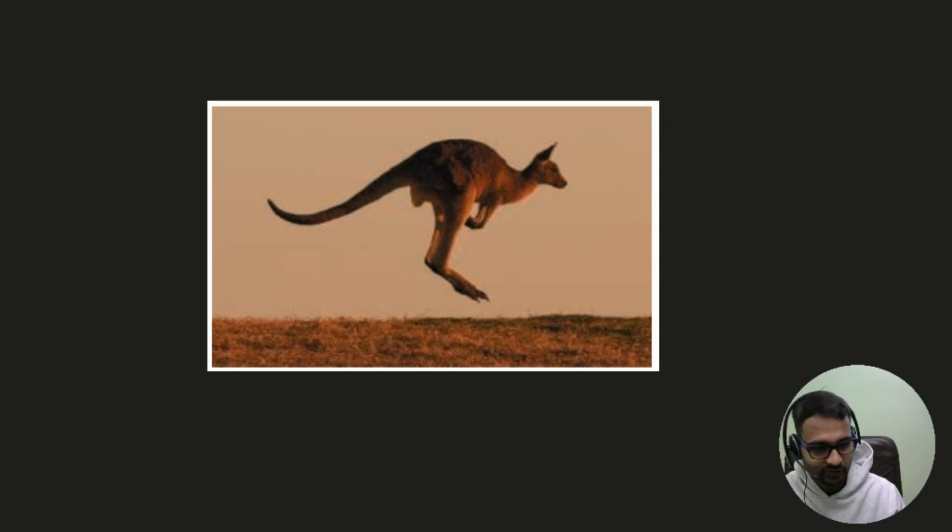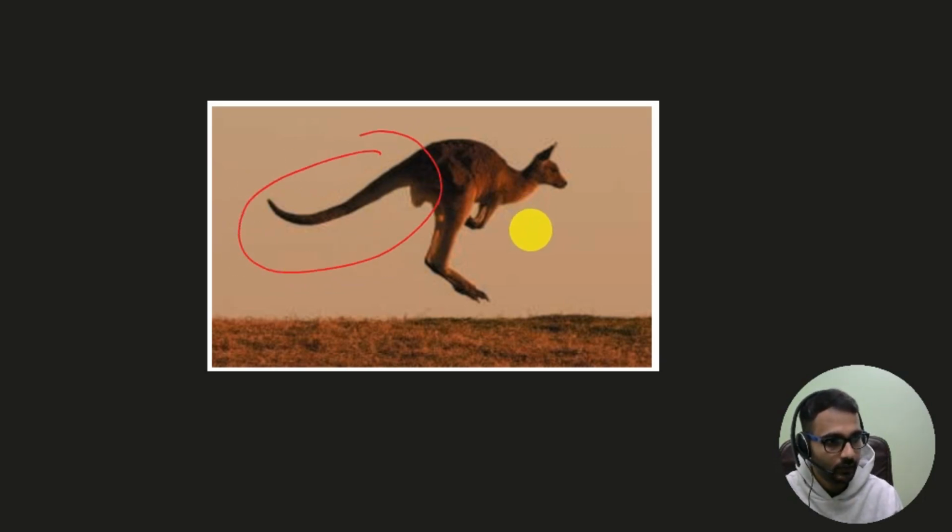Now kangaroos. Here also we can understand the center of mass. A kangaroo has a long tail, which helps it maintain its balance both on solid ground and in flight between hops. When the body lands, the center of mass would be exactly above the base of support, somewhat here.